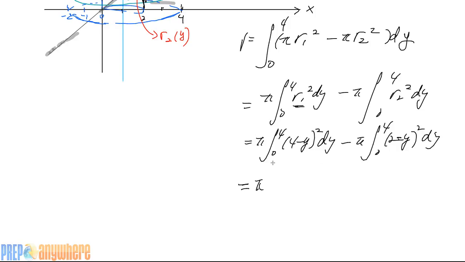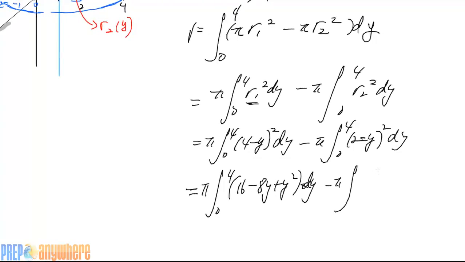So pi, let's get the antiderivative now. Actually, no, we have to expand that. So it's going to be 16 minus 8y plus y squared, and zoom in a bit, from 0 to 4. This is going to be 4 minus 4y plus y squared.